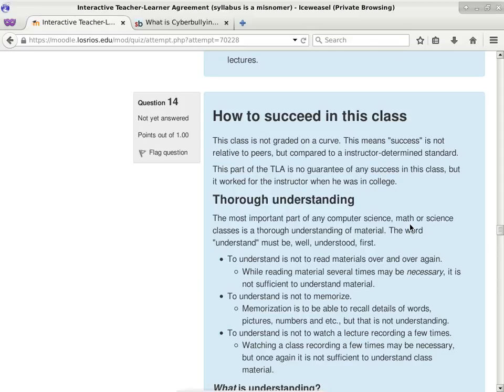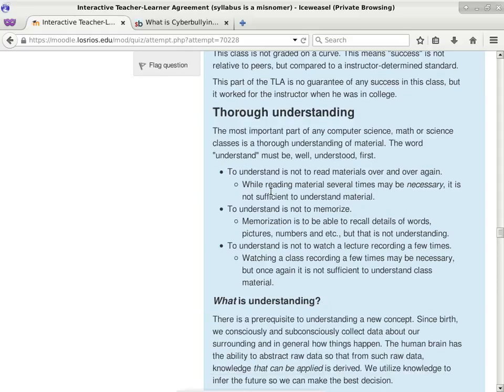So now the question is, what is understanding the material of a class? In other words, we are trying to understand what is understanding. This is meta understanding, because it is the understanding of understanding. The best way to do it is to say, okay, what is not understanding? To understand is not to read materials over and over again. I know a lot of hard-working people.